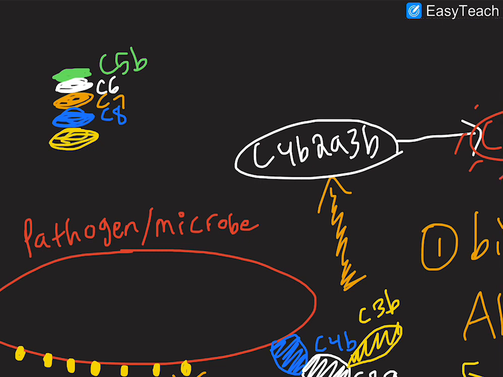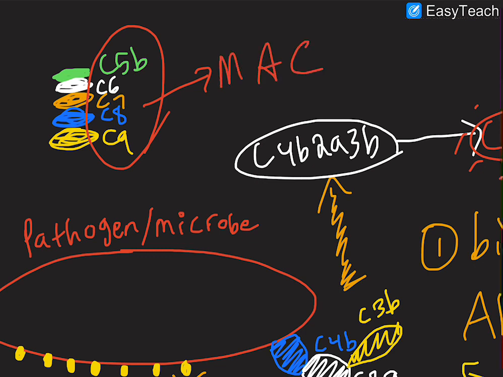So C5b through C9, all of this right here, if we draw this in red, C5b, C6, C7, C8, and C9 will form a protein complex called the membrane attack complex.